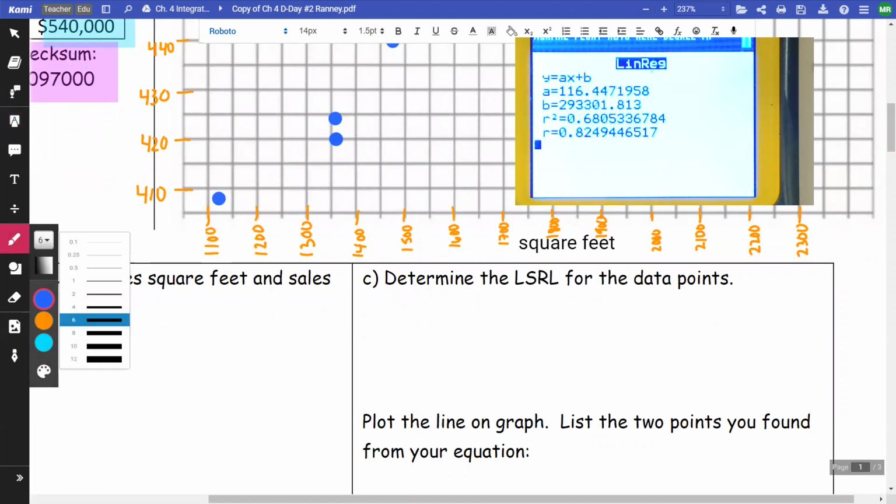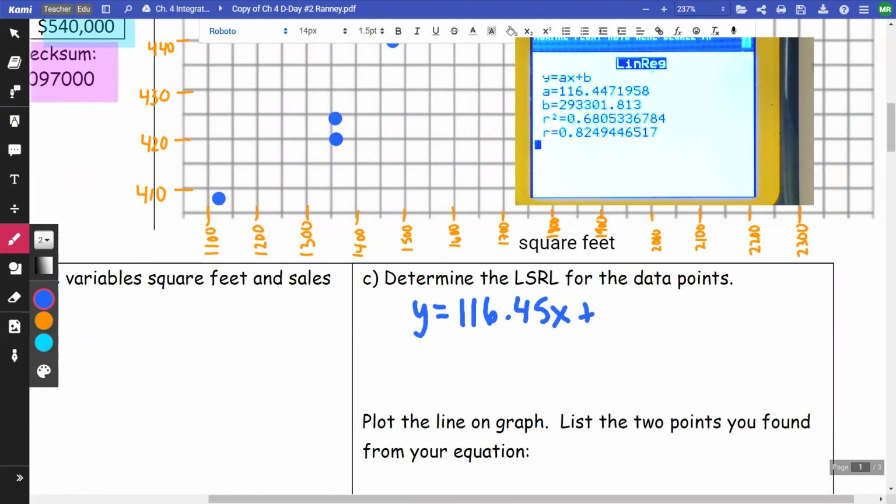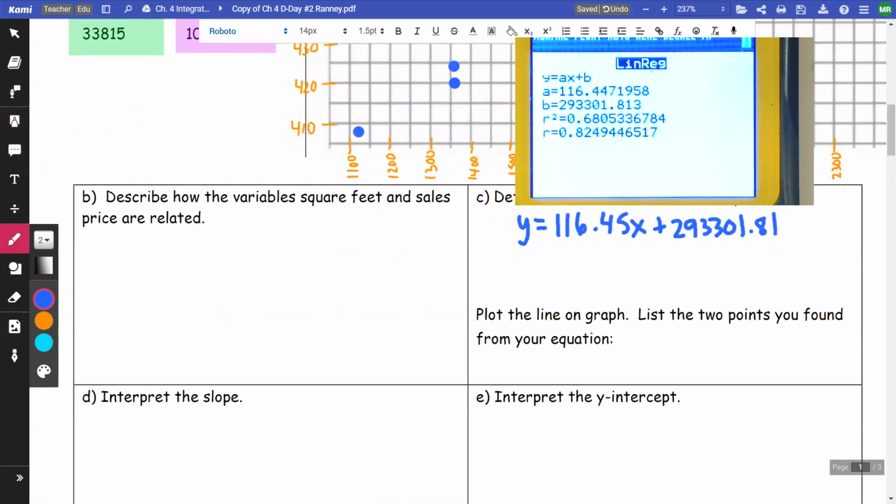So I am going to go y equals 116.45x plus my b, which is 293,301.81. Now I've got my r here. That's my correlation coefficient.